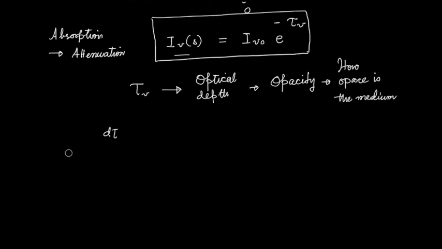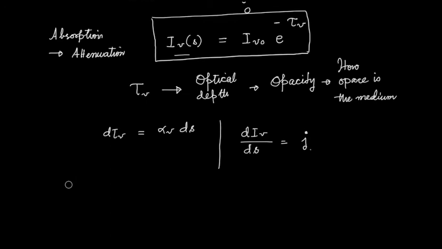You see, for alpha nu ds I wrote d tau. So d tau was alpha nu ds. This was how we introduced tau nu. What we can do is, I have the radiative transfer equation.